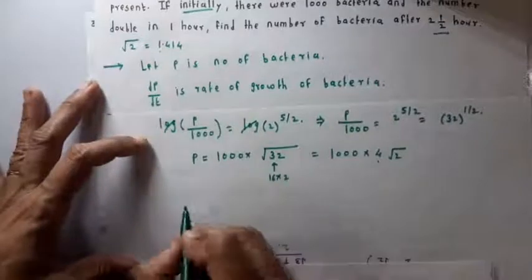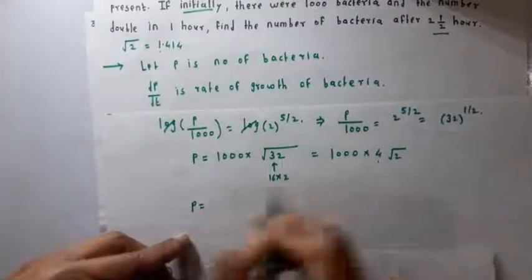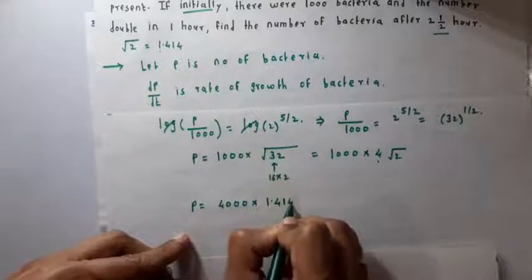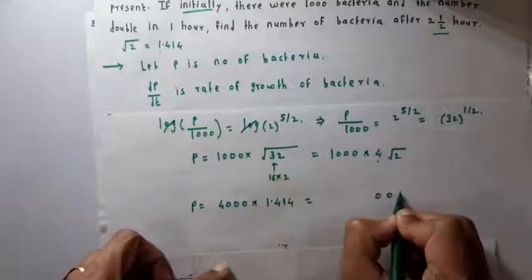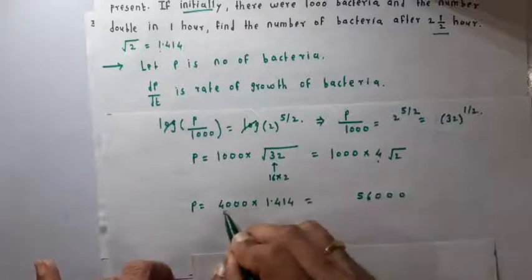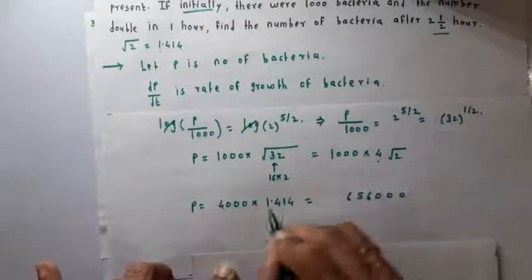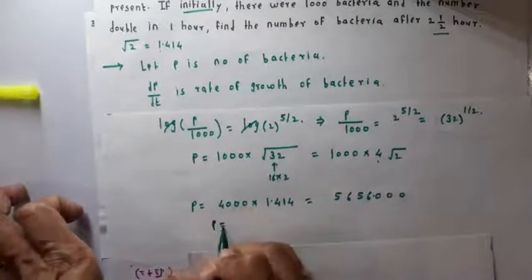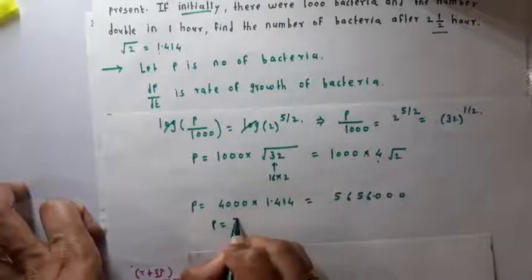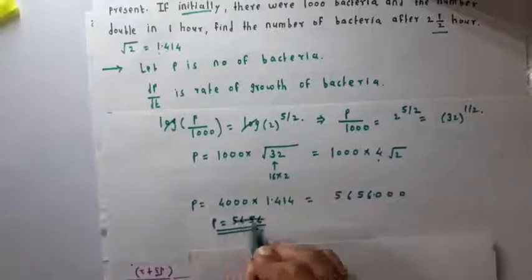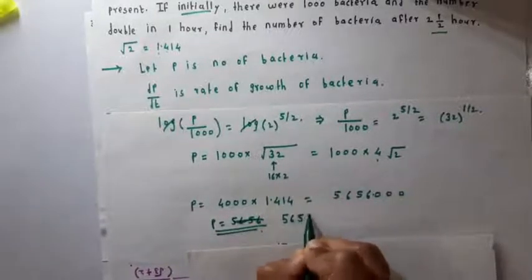Hence population P equals 4000 into 1.414, and that is equal to 5656.